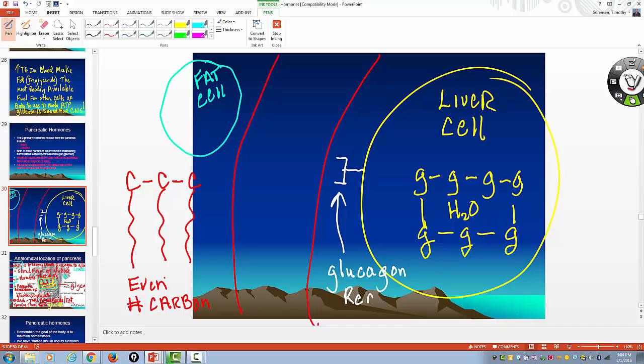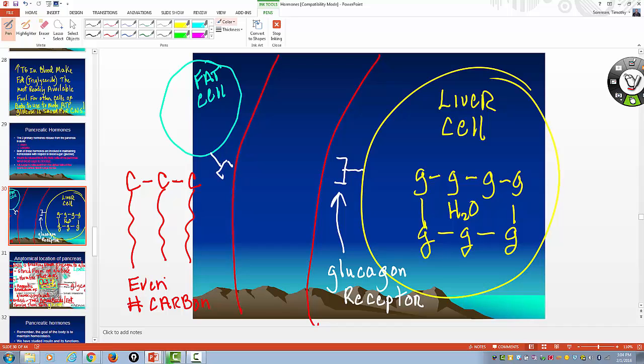And just like insulin has to bind with the receptor, glucagon has to do it too. So watch. Embedded in fat cells and in liver cells, you have glucagon receptors.